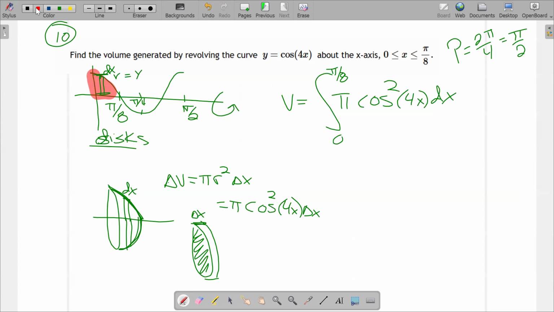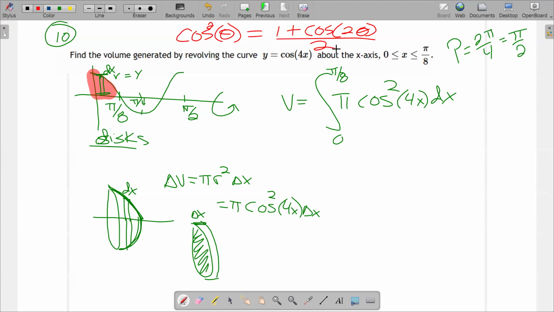The cosine squared of theta is equal to 1 plus the cosine of 2 theta over 2. That's usually the way I write it. There are a few variations of it.